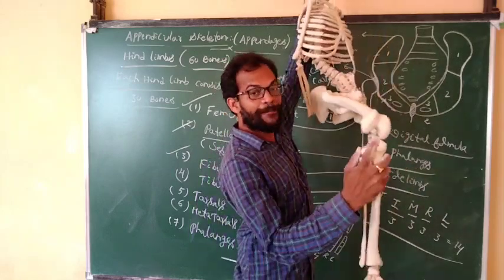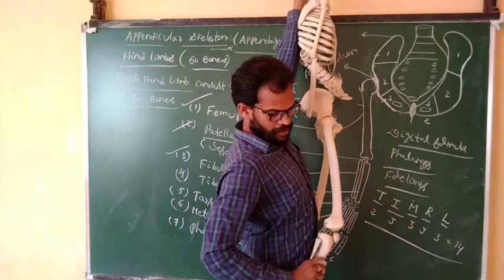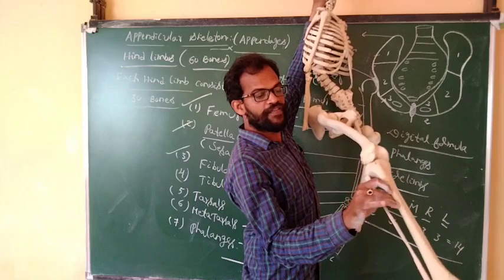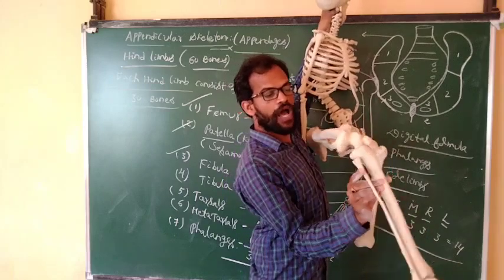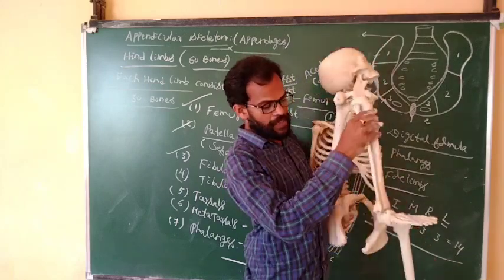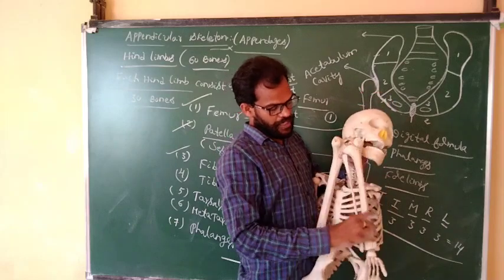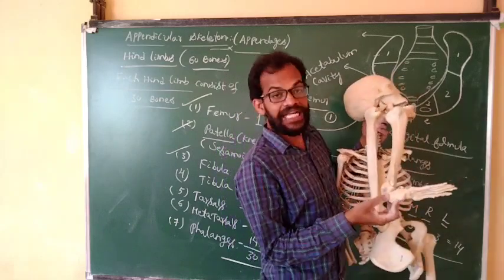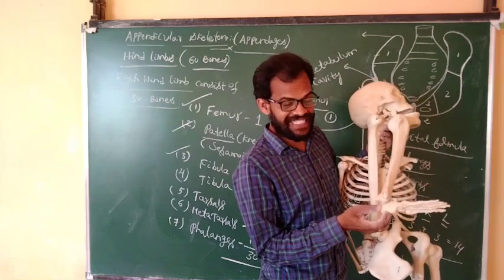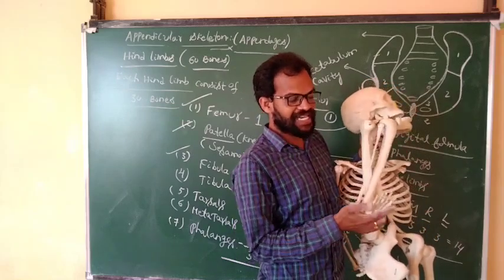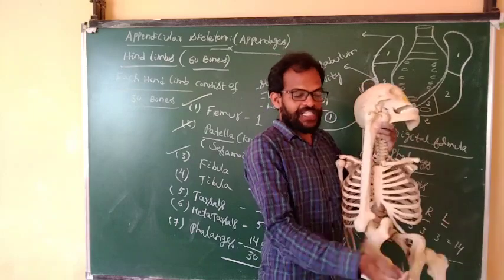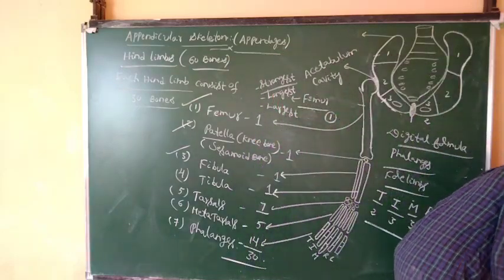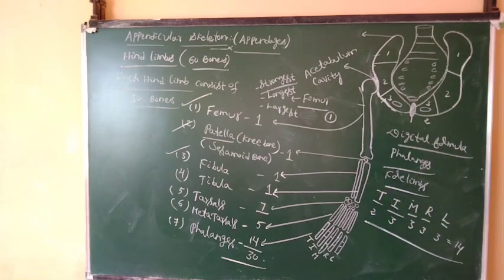Next one consists of the patella, then the fibula and tibia, then tarsals, metatarsals, and phalanges. These are all the parts. Thank you very much.